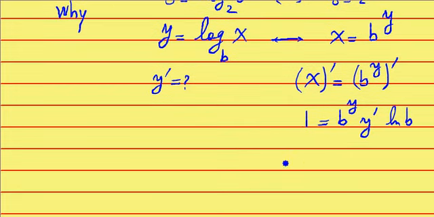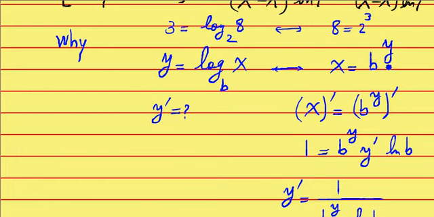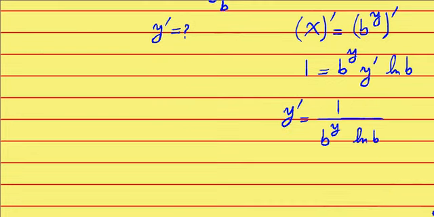So if I want to find y prime, I can say 1 divided by b to the power of y times logarithm of b. Next layer, who was b to the power of y? b to the power of y was just the same as x. I go ahead and substitute here.